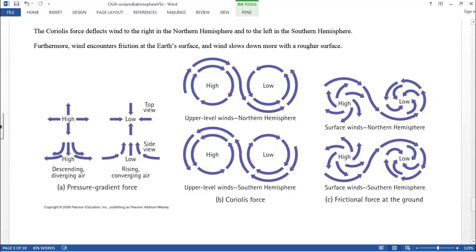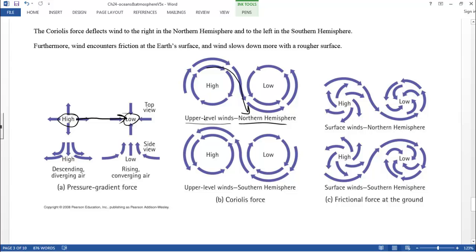Okay, so what do we know about wind so far? Well, there's regions of high pressure and low pressure, and wind travels from regions of high pressure to low. It attempts to go in a straight line, but then the rotation of the Earth causes it to be bent to the right in the northern hemisphere. And that happens up above the ground quite a ways, at the upper level.